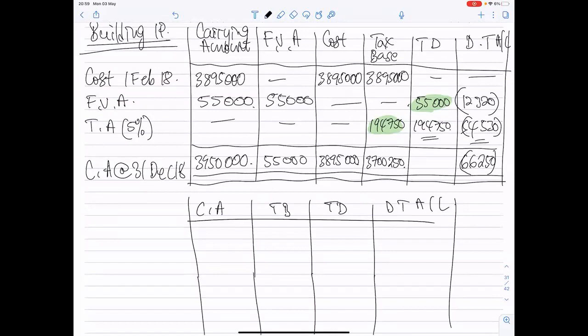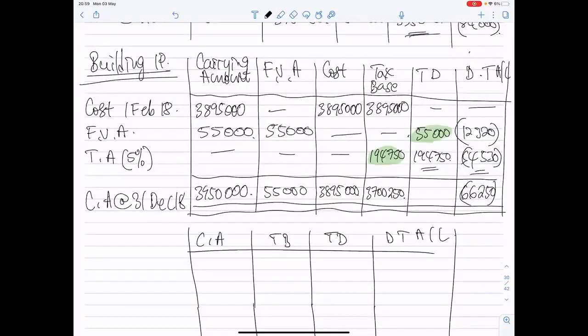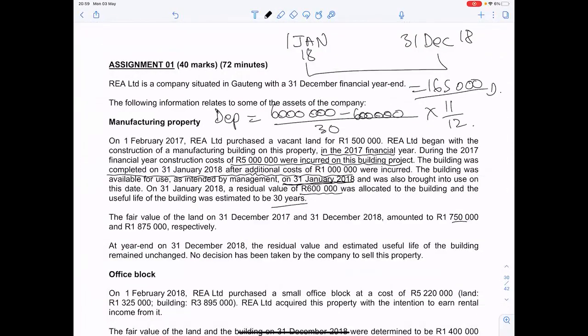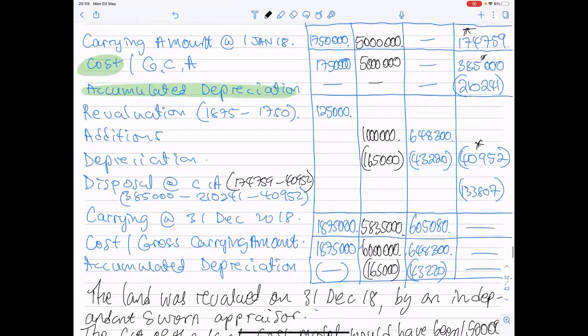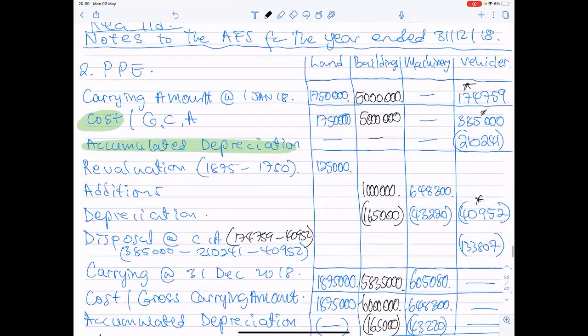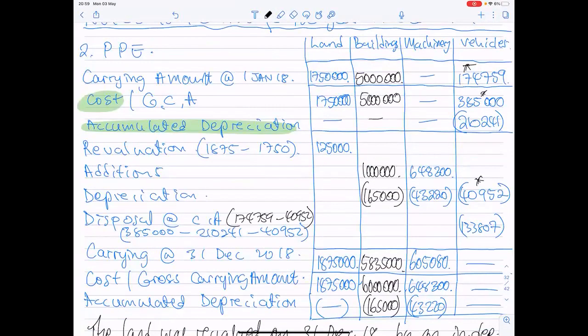Is that clear? So can I just use it from the beginning when it was bought. The land at the cost of, in total, 6 million.